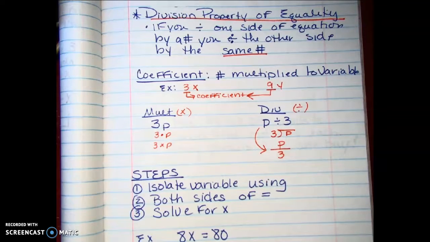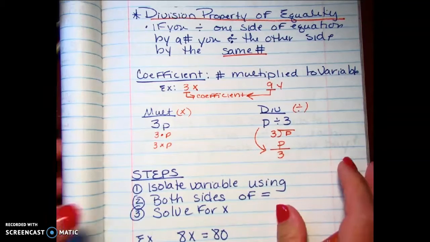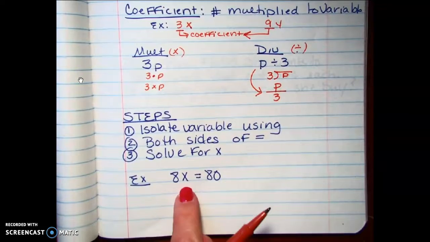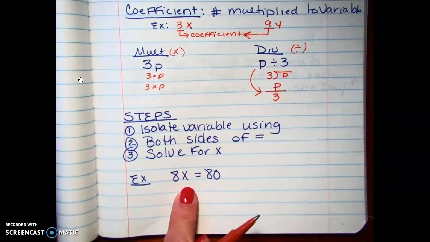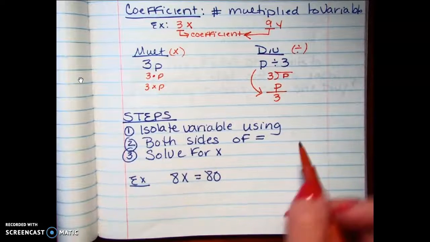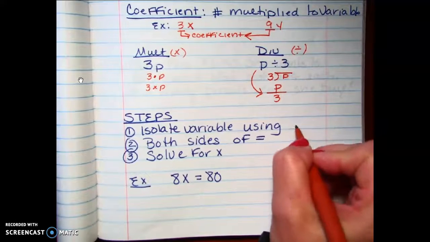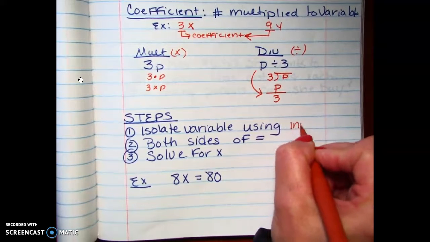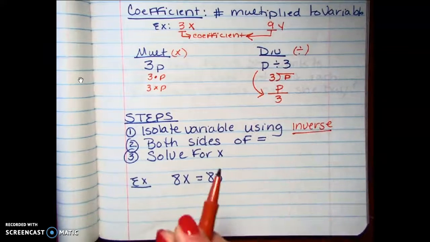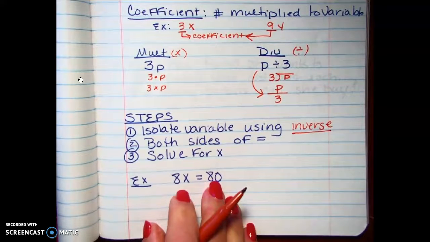We need to make sure we remember that, because now we're going to start using our steps to help us with a problem that happens to be multiplication. So, of course, the first step is to isolate the variable using what? Your inverse operation. Of course, we're working with multiplication, so it's going to be division.